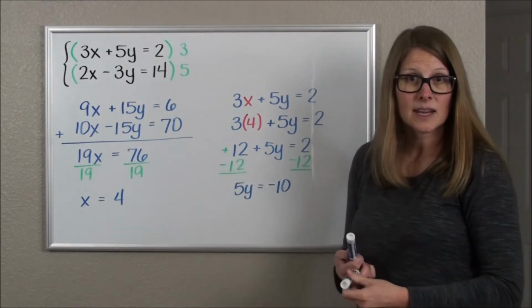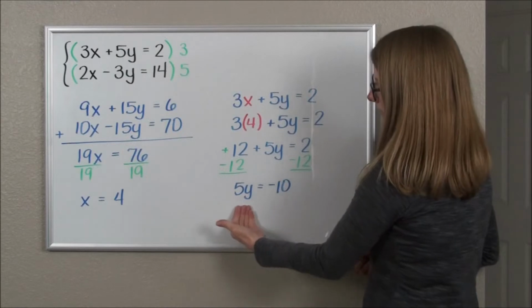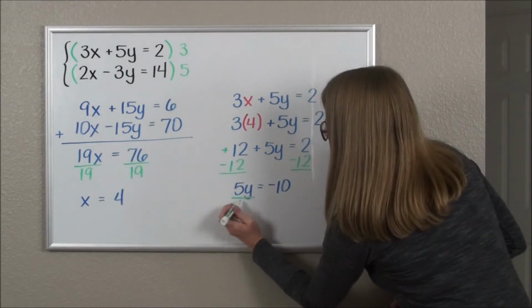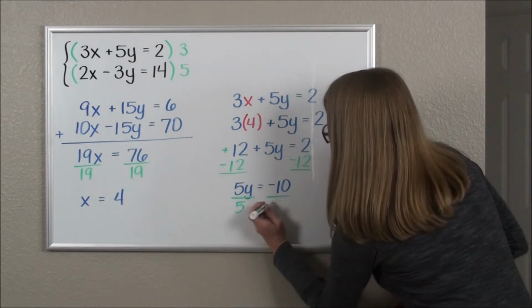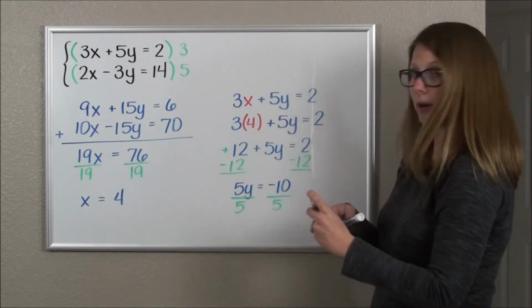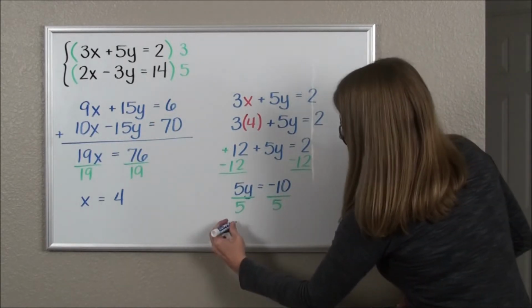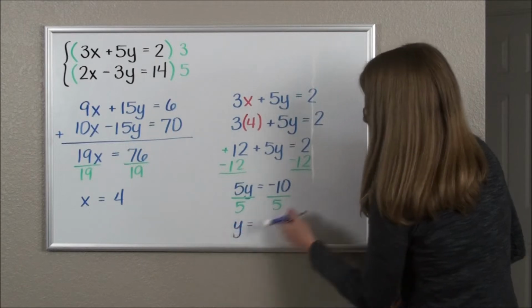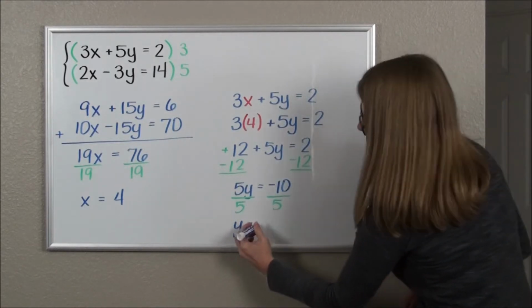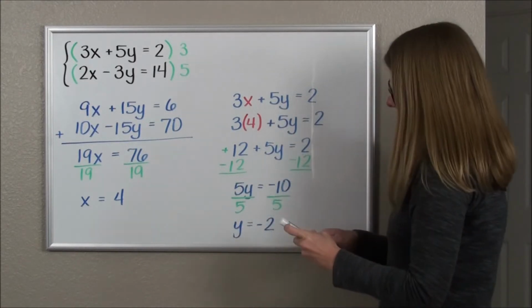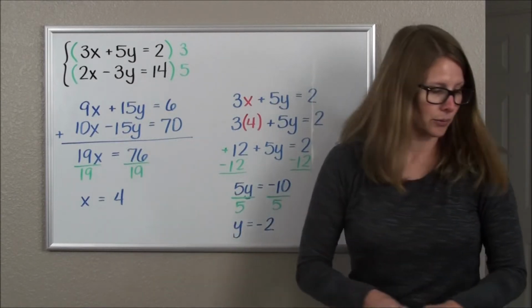So now for my last step to isolate that y, since there is a 5 attached with multiplication, let us detach it with division. And it's fine as long as we do it to both sides. So now I have y isolated on the left. On the right, I have -10 divided by 5, which is -2. And now I've got both my x and y coordinates.